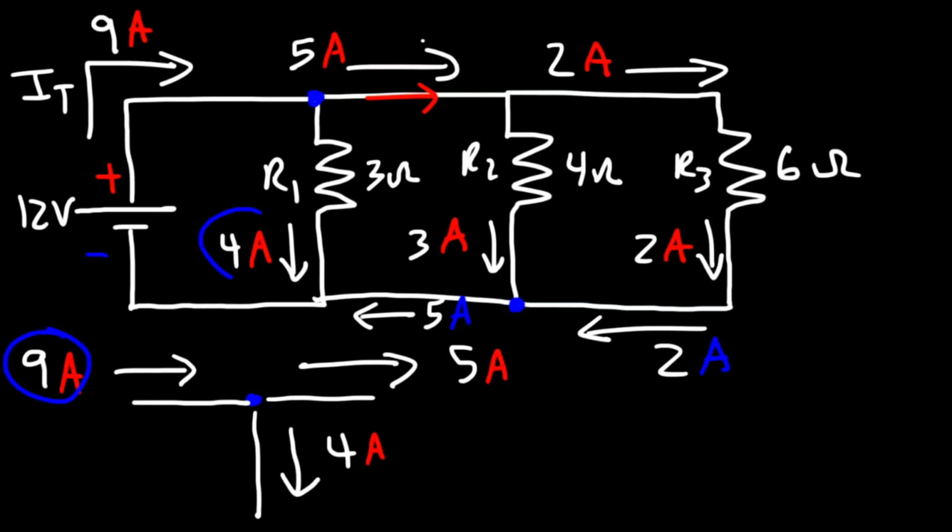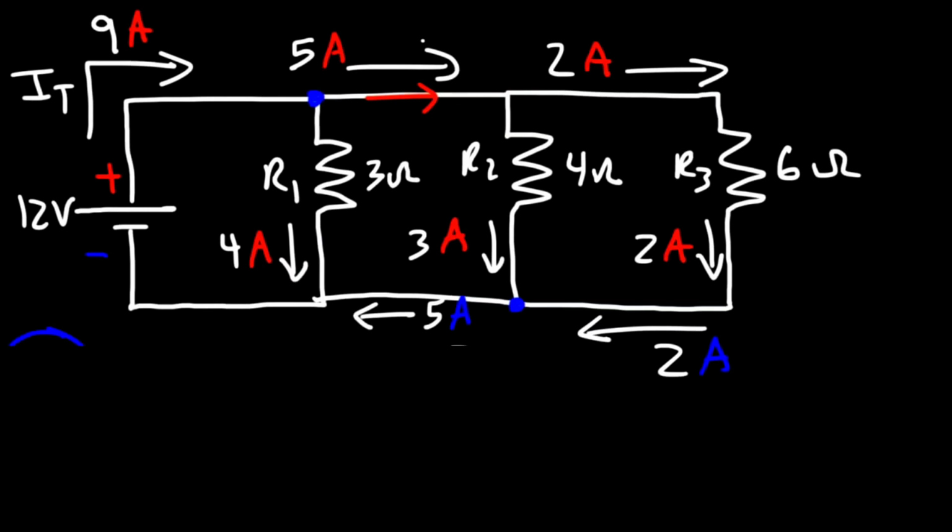Then the 5 and 4 get together, and so we're going to have a total of 9 amps of current flowing in this region. And so as you can see, the current that's going this way is going to be the same as this current here, 9 amps. Hopefully this all makes sense.